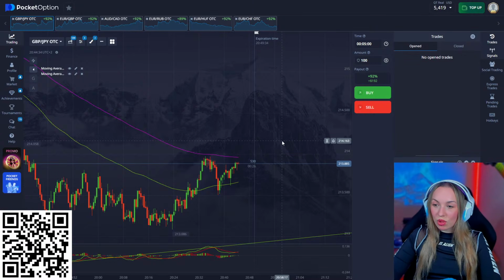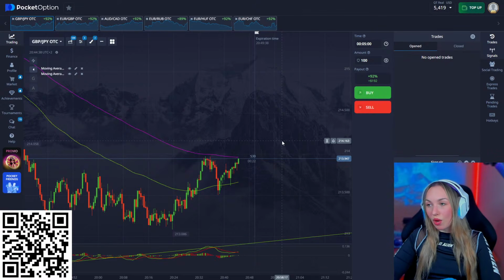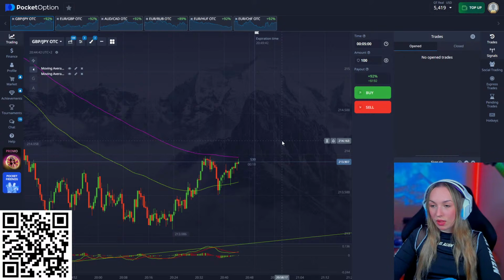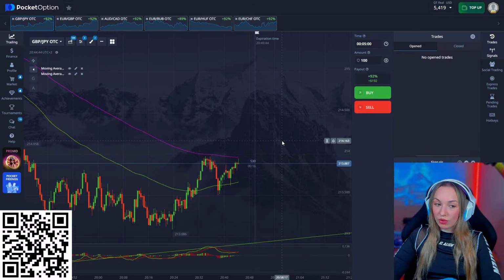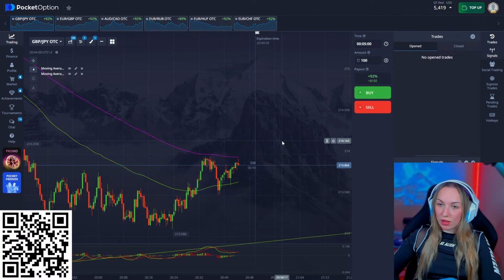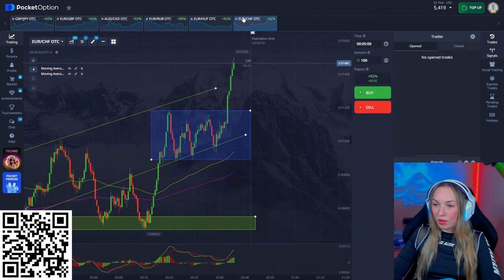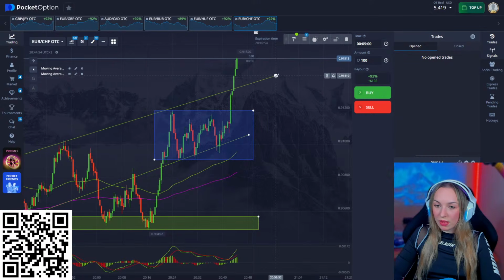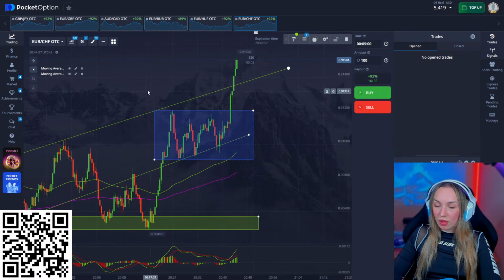By the way, it looks like it's moving super slow. But I would say today 5 minutes was the perfect expiration time for our trades. So I don't want to put higher than 5 minutes, and I'll try not to.